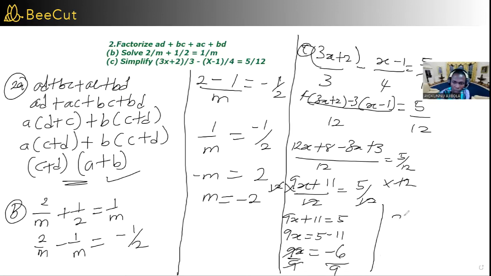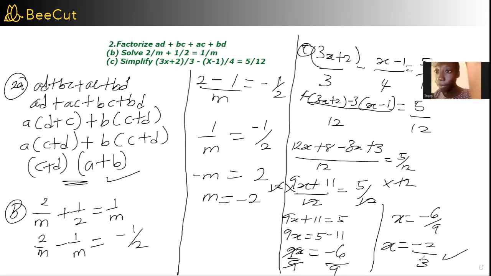That means x equals minus 6 over 9, but that is not in the lowest form. It's 3 that will divide it. How many 3 is in 6? That's 2. How many 3 is in 9? That is 3. So x equals minus 2 over 3.